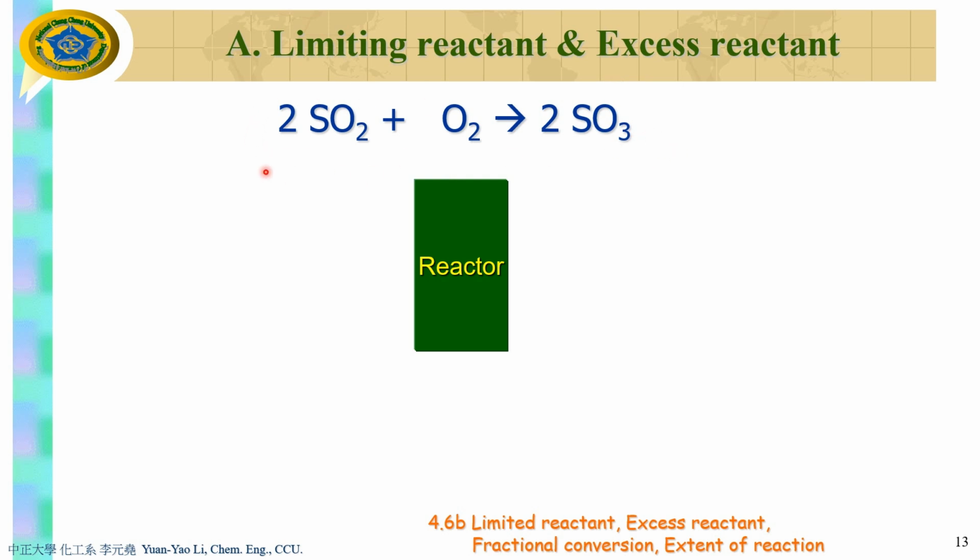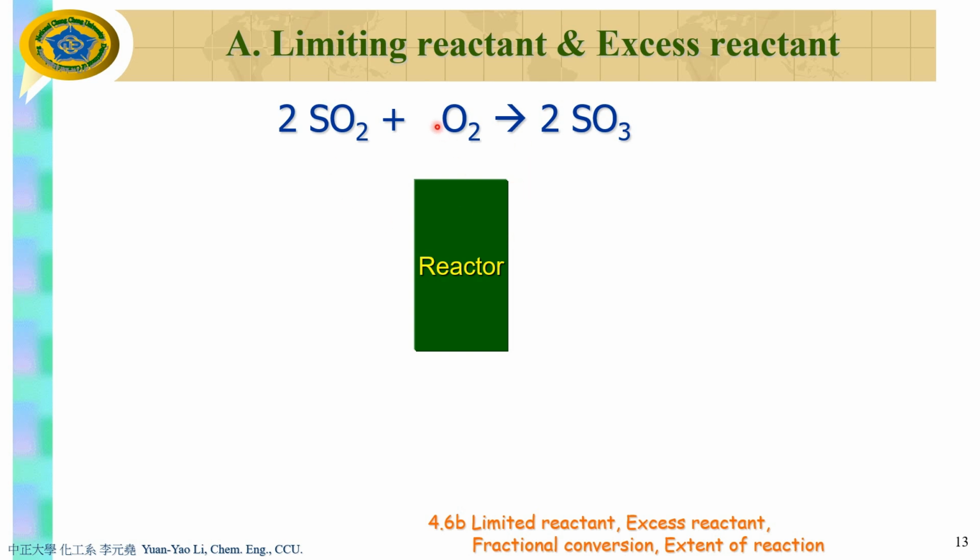When you see this reaction, which one do you think should be the limiting reactant, to make the process more economic and save money? Which one should be the excess reactant? Air, right?